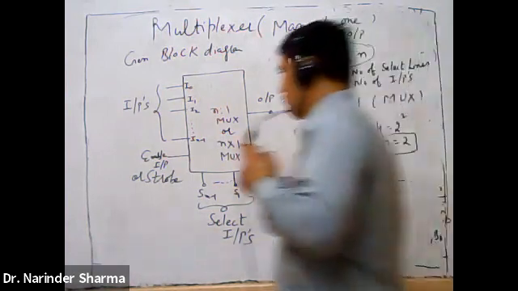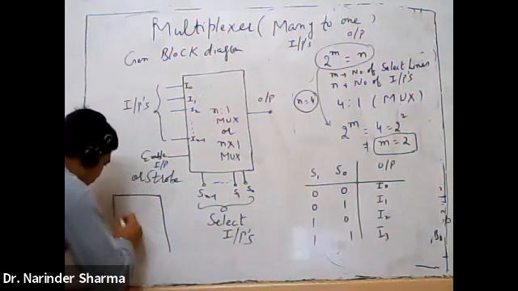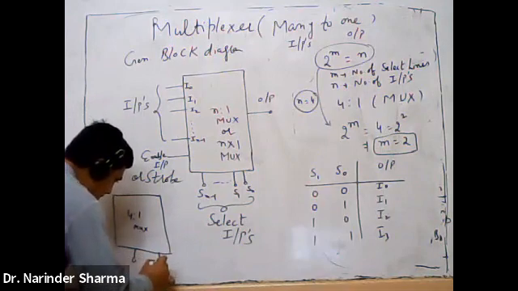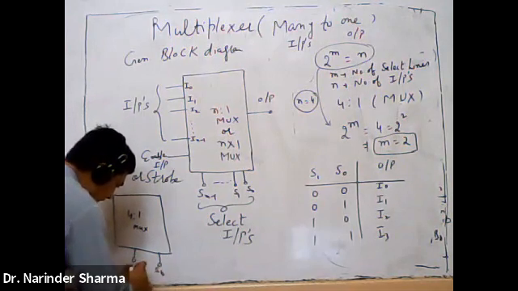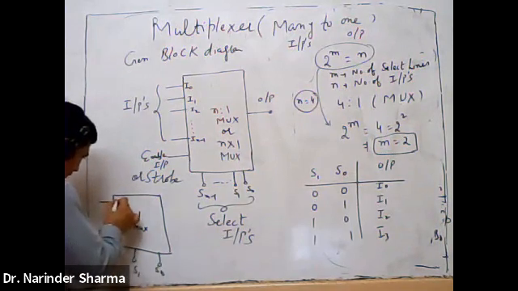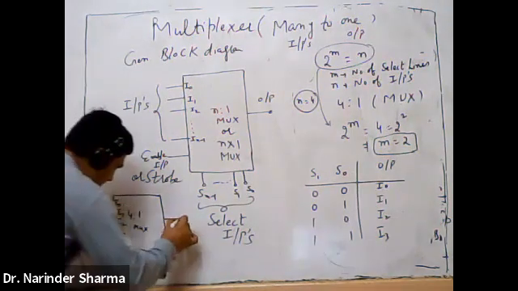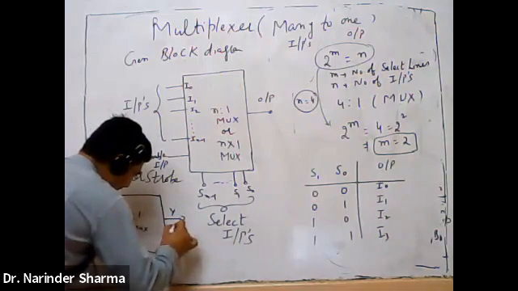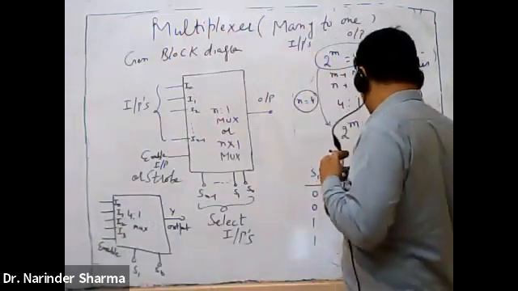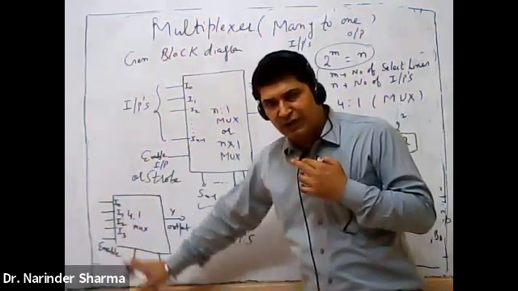For a 4 is to 1 mux, we normally consider 2 select lines, S1, S0, and an enable. Enable is compulsory. The inputs are I0, I1, I2, I3. This is the output; you can name it anything. I have written the output as Y.